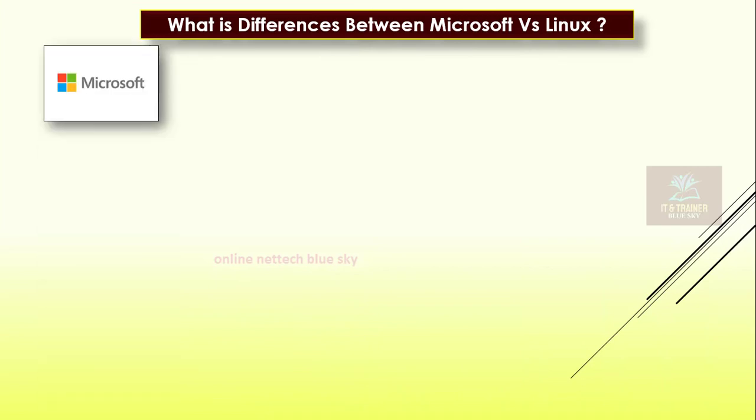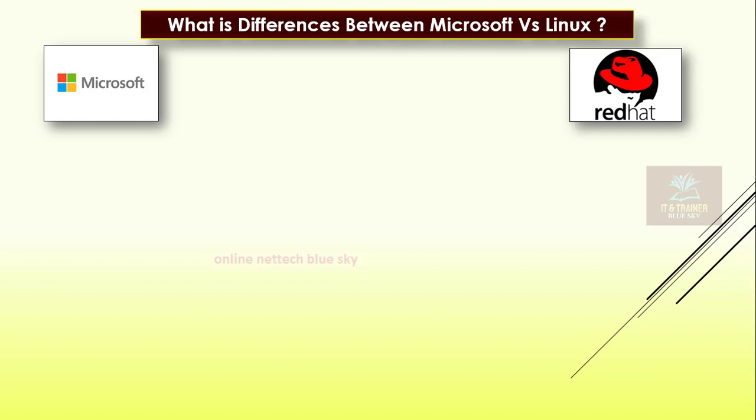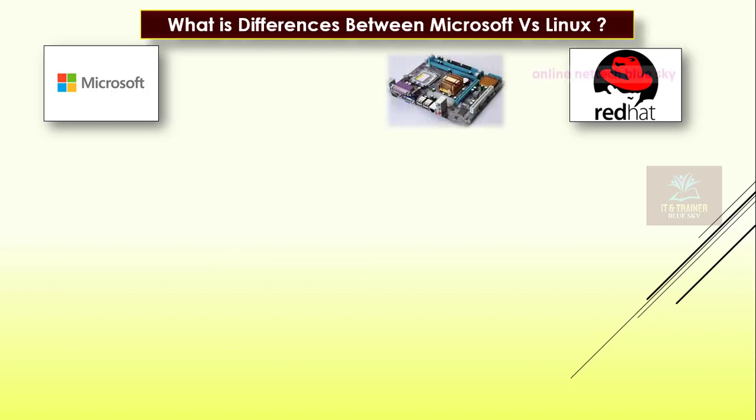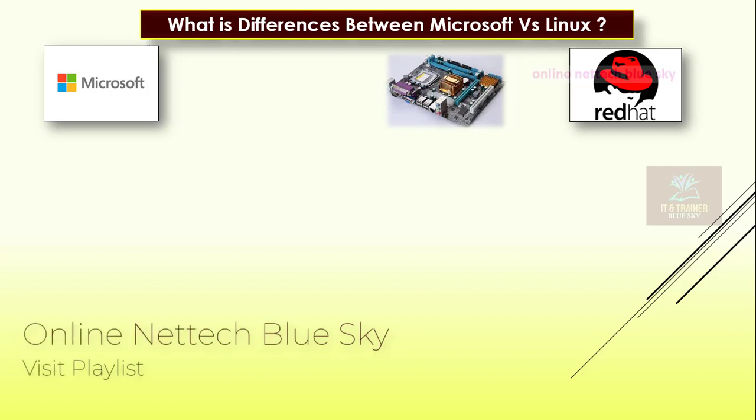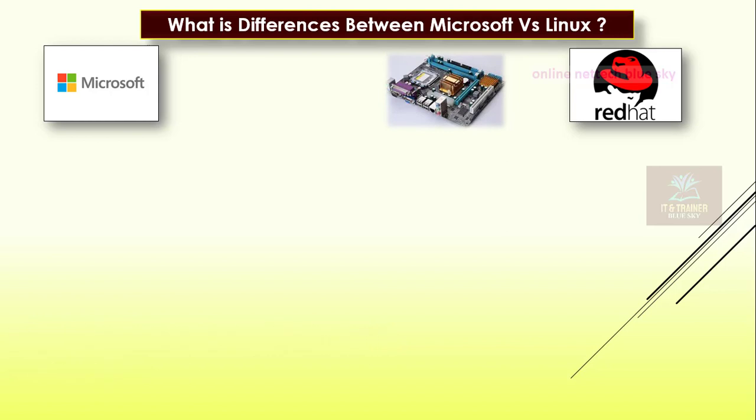First, understand our Microsoft company. You already know about Microsoft and Bill Gates. On the second side you can see the Red Hat Linux operating system. Two very big companies with the same kind of operating system, and the hardware is the same: 64-bit CPU, RAM, hard disk, motherboard, no change.